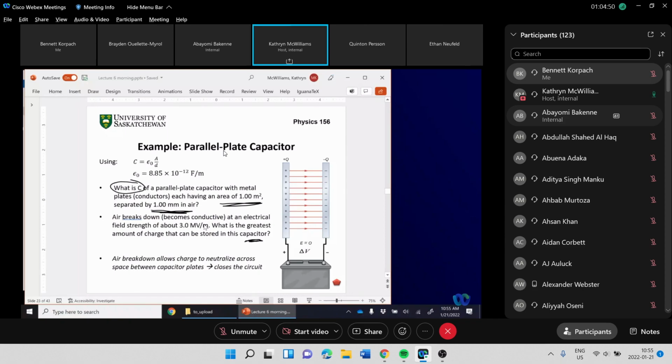We're given the physical parameters, so we can figure out the capacitance, and then we're told the maximum electric field that air can handle, which gives us a maximum potential difference between the plates. So we want to figure out how much charge we can put on those plates before the air breaks down and shorts out, creating a conducting path between the two plates. Okay, so we'll do that.